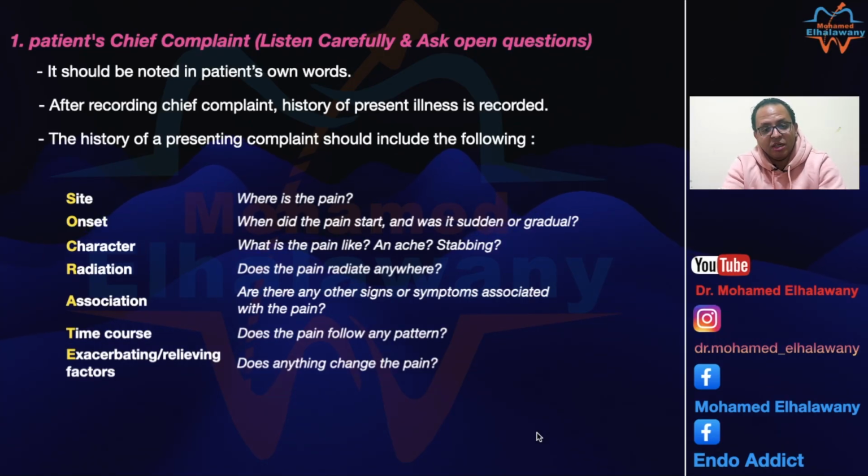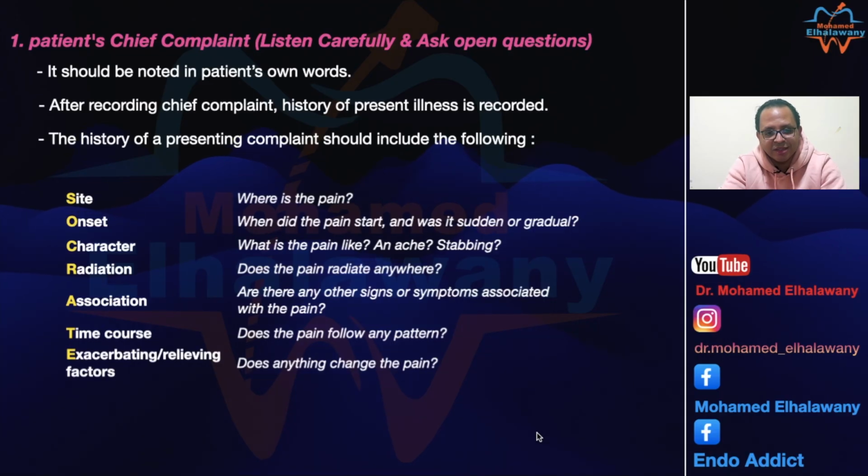Position changes relieving the pain can happen if a patient says that when he changes his position, from standing to sitting or from lying to standing, the pain improves. That means the pain is related to the sinus. These clues tell us about the type and severity of inflammation.